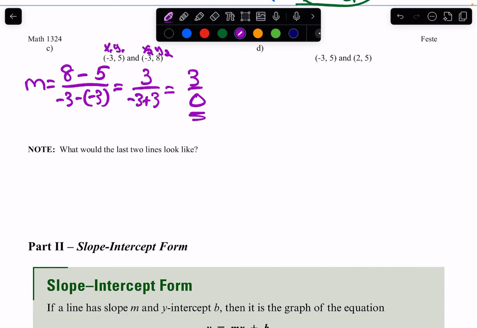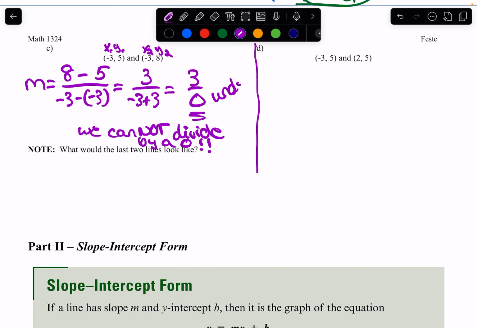Again, we cannot divide by a 0. So this one here has to be, or the slope has to be undefined.